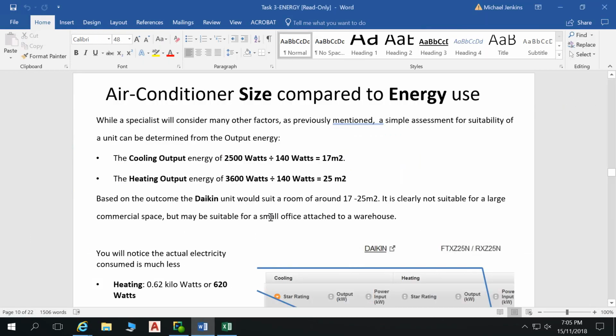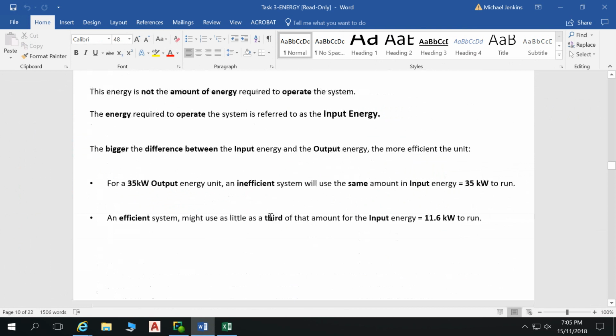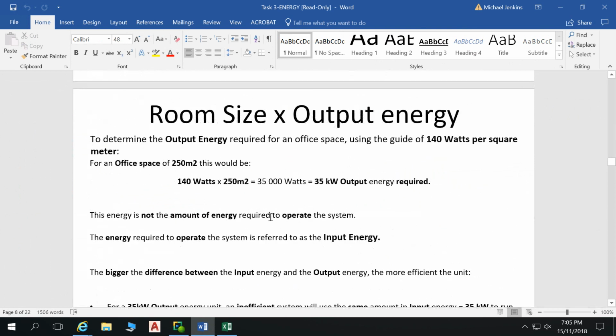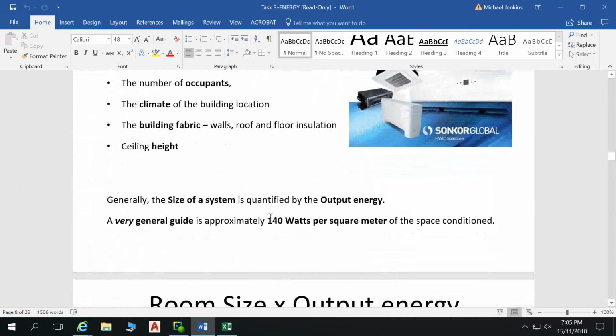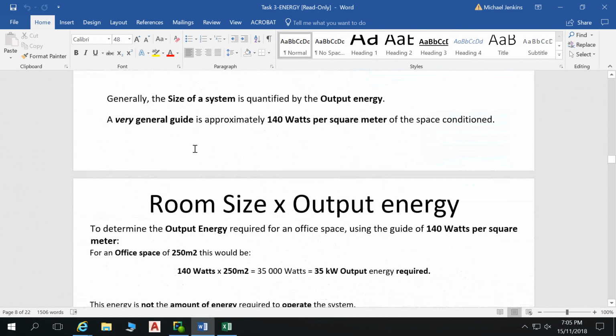So if we go back to here, down. Yeah. So very general guide is 140 watts per square meter. So our inefficient systems are 1:1, with the input required being the output in cooling power produced.